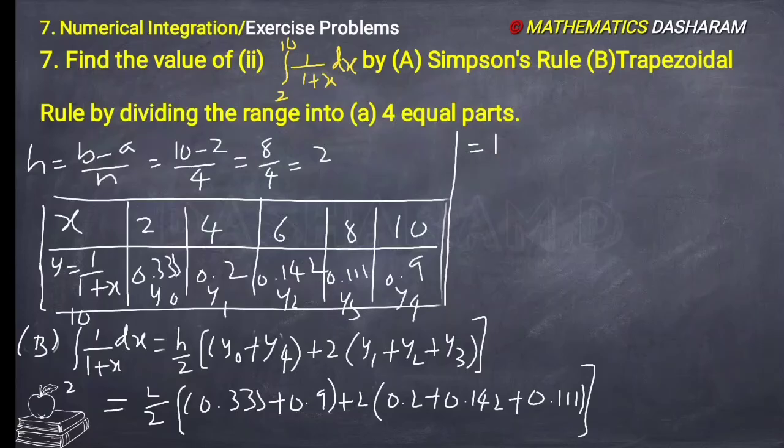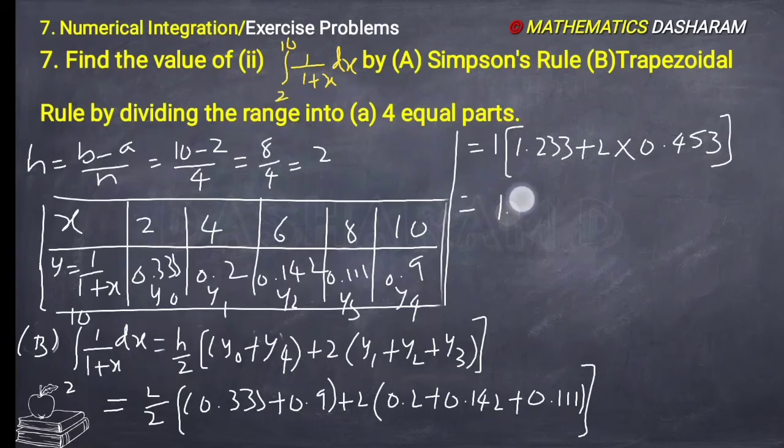So here 2 by 2 is 1, 0.333 plus 0.9 is 1.233 plus 2 into 0.453. So it is equal to 1.233 plus 2 into 0.453 is 0.906. Then it is equal to 2.139.